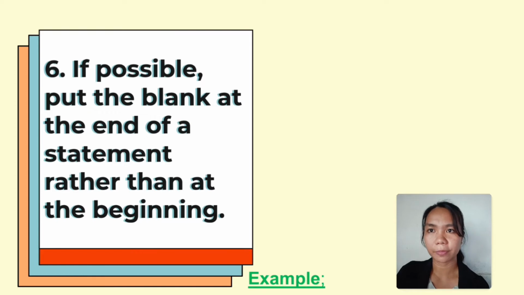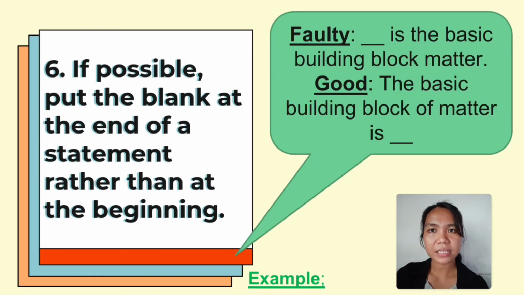Just like, for example, here, blank is the basic building block of matter, and another is the basic building block of matter is blank. So in item number 1, the learners may need to read the sentence until the end before they can recognize what is the problem asked here, and then they need to reread it again and then answer the question.